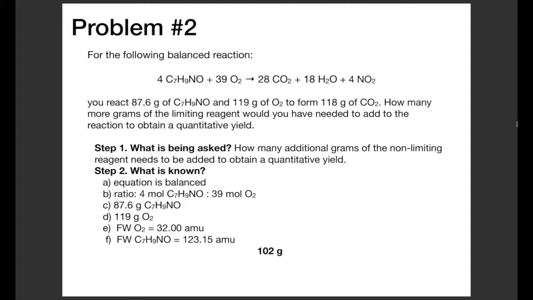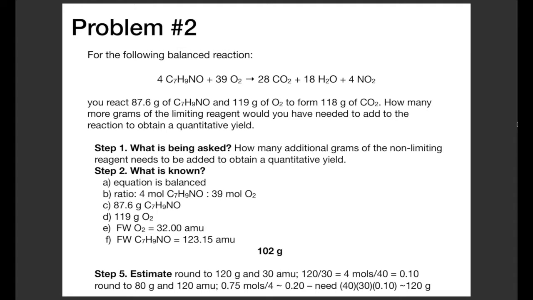We're now going to use estimates to determine if this is a reasonable amount. We're going to round the amount of O2 that we have to 120 grams and its formula weight to 30 AMU. 120 divided by 30 equals 4 moles. Divided by 40, its approximate stoichiometric coefficient, we obtain 0.10 moles as its reduced molar amount. We're going to round the amount of C7H9NO we have to 80 grams and its formula weight to 120 AMU.